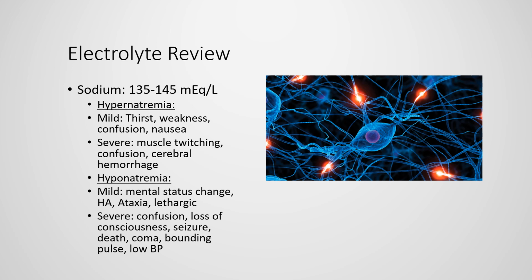It's going to shrink your brain. So as it shrinks the brain, you can get small cerebral hemorrhages. You're going to get confusion because the fluid is shifting into the intravascular space because the sodium is elevated.